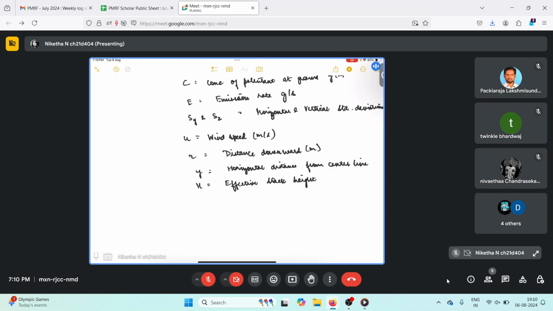So what is effective stack height? Any answers?